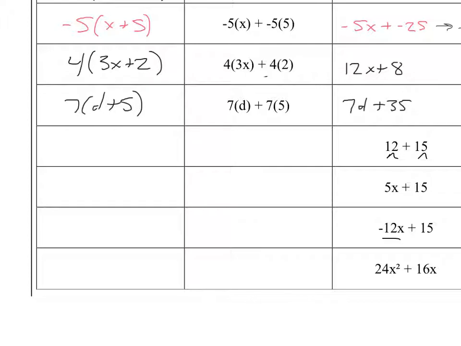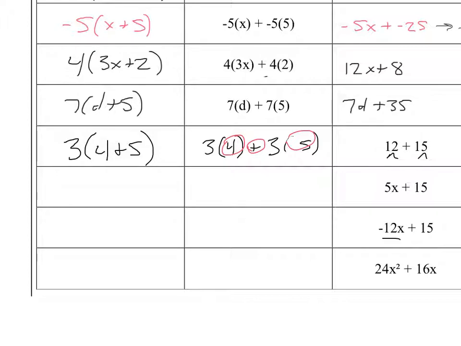So the first one, when I look at it, my common factor is 3. So to get the 12, that's 3 times 4. And to get the 15, that's 3 times 5. So I could rewrite this as 3 times, and then what's left over, 4 plus 5. 3 times 4 plus 5.